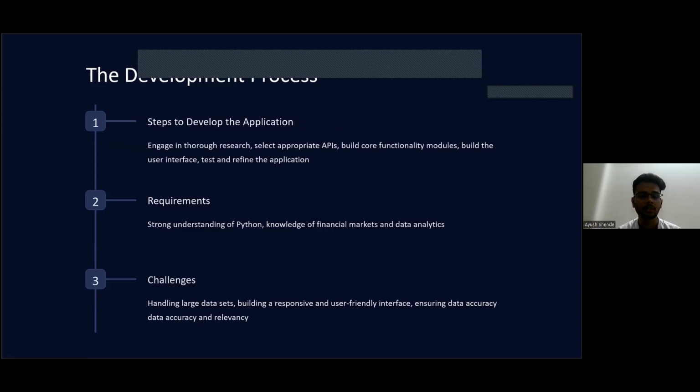So the requirements are, firstly, we will be developing this application in Python, so we will need a strong understanding of Python. Then we will need knowledge of financial markets and data analytics, that is, the criteria for stock filtering, etc. And the challenges that we will be facing here are handling large data.